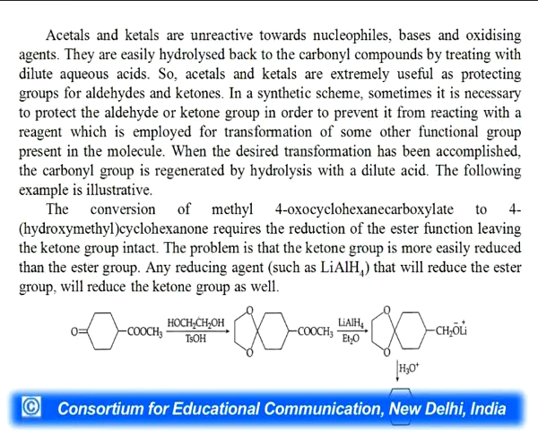Acetals and ketals are unreactive towards nucleophiles, bases and oxidizing agents. They are easily hydrolyzed back to the carbonyl compounds by treating with dilute aqueous acid. So, acetals and ketals are extremely useful as protecting groups for aldehydes and ketones.